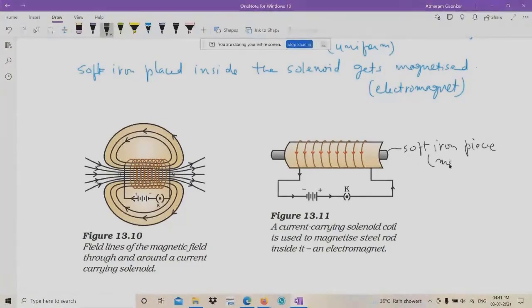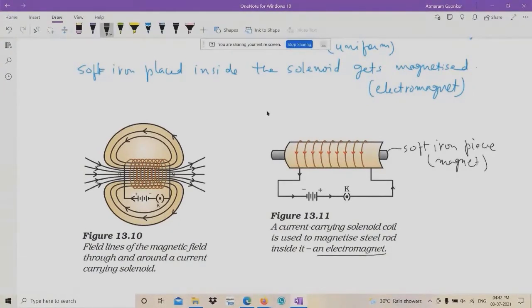So this magnet which is formed when current is passed through the coil is called an electromagnet. Remember this word. It becomes an electromagnet. And this principle of making an electromagnet is used in motors and generators.